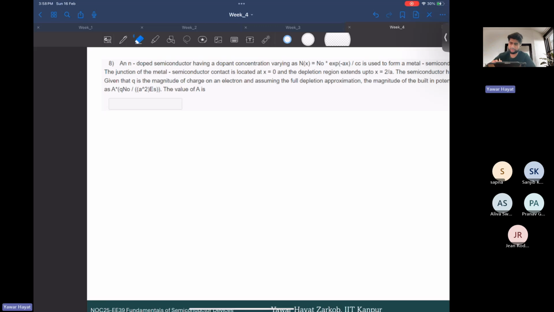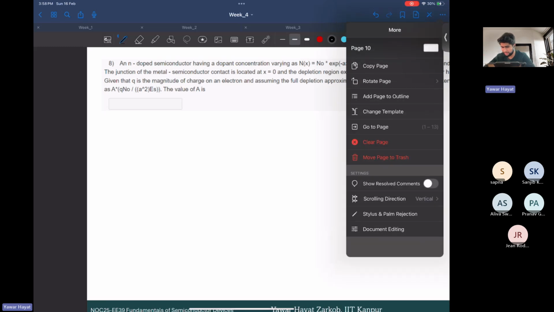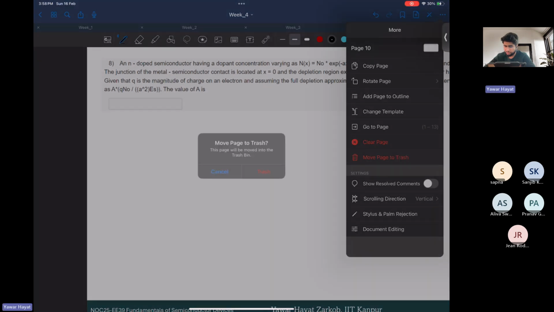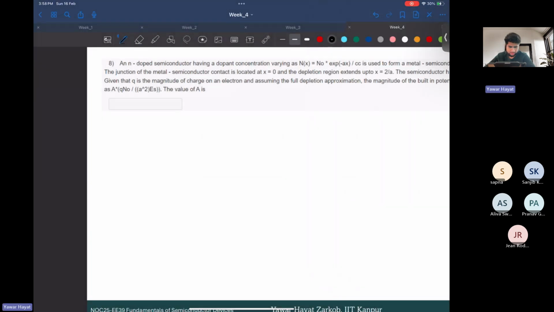It won't make any sense if I start this because it would unnecessarily create doubts. So we'll move this page to the trash.